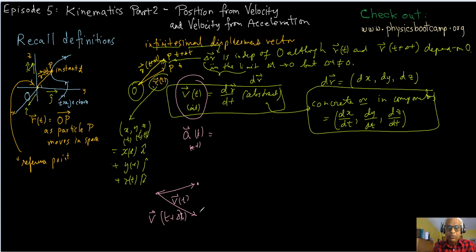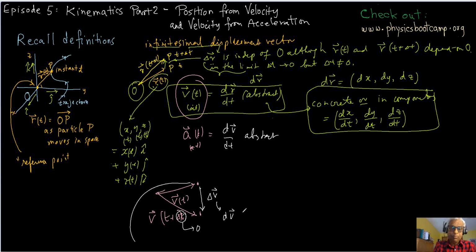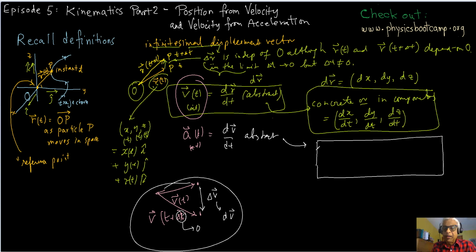From tip to tip we'll have the difference. So this will be delta v during these times, and as delta t goes to 0, this will become dv, so this is just dv dt. This whole process is abstract, but you can do it concretely again.